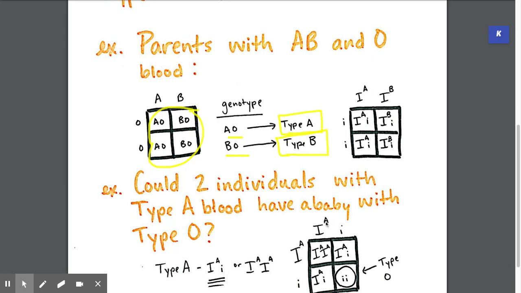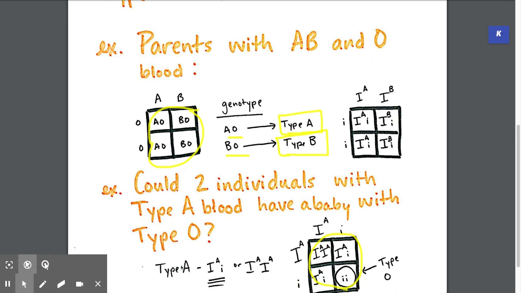So if we take a look at our Punnett square here, we have essentially the A allele and the O allele, the A allele and the O allele. If we complete our Punnett square, we look at the offspring here, and we see the possibility of having type O blood is 1 out of 4, or a 25% chance.